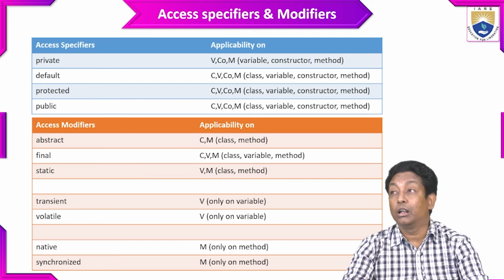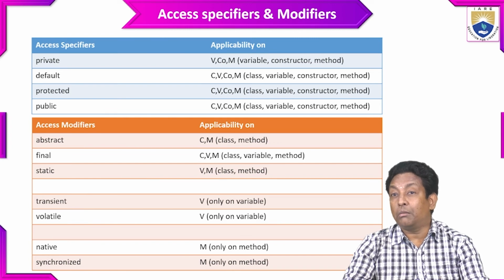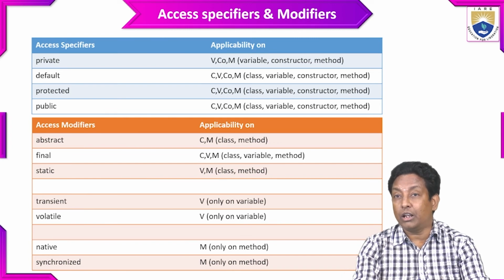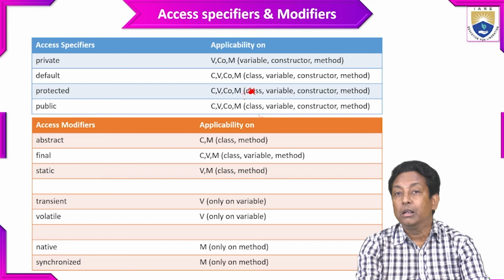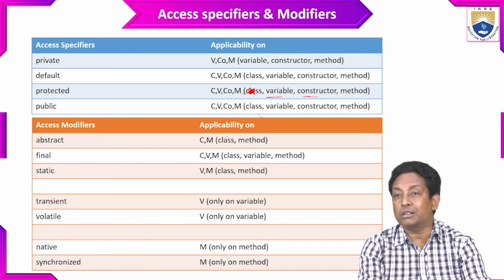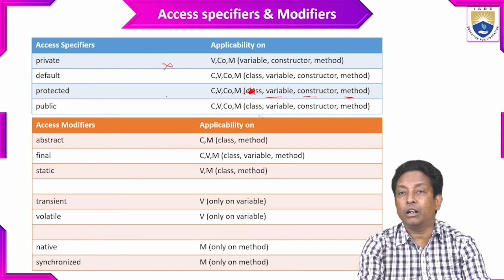Coming to the protected. Protected cannot be applied on class. Protected can be applied only to variables, constructors and methods, but not to the class. To class we cannot apply private and protected.